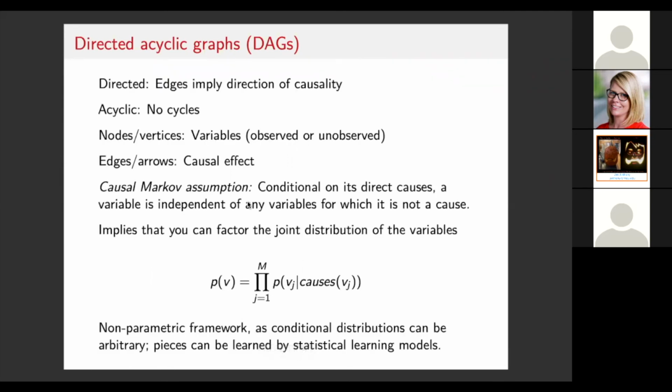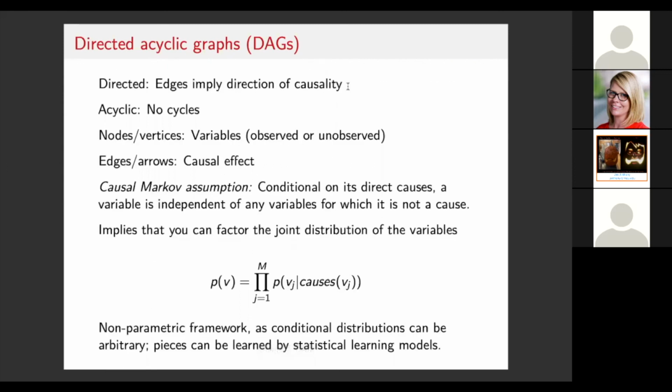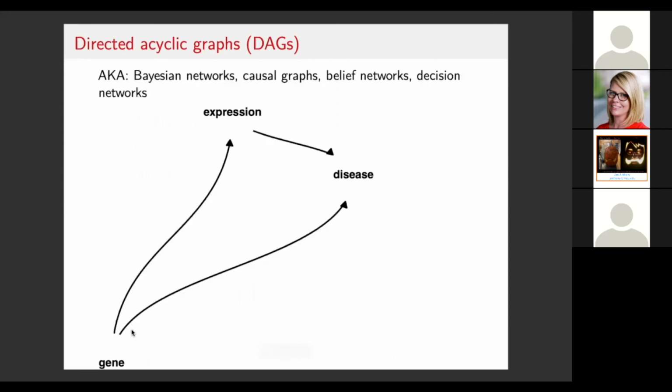So the way to read directed acyclic graphs, or DAGs, is, first, let's explain the terminology. The word directed is there because the edges, these lines, imply the direction of causality. They are called acyclic because if you follow the arrows, you should not come back to the same point.